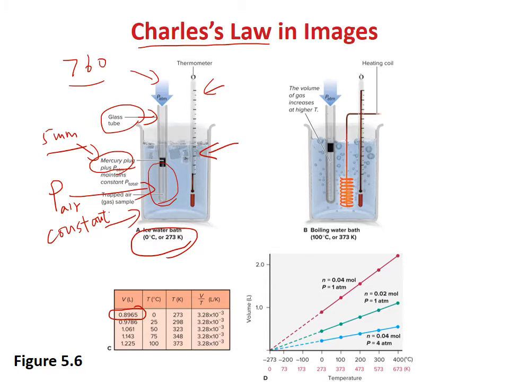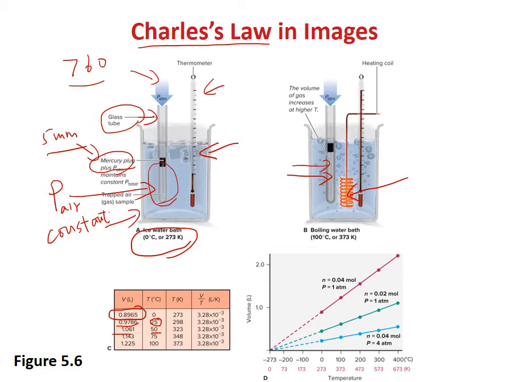Now a heater is added, so the temperature of the water bath gradually increases, and the volume of the air expands slowly. The higher the temperature, the more the volume expands. At 25 degrees, the volume increased to 0.9786. At 50 degrees, it goes to 1.061.